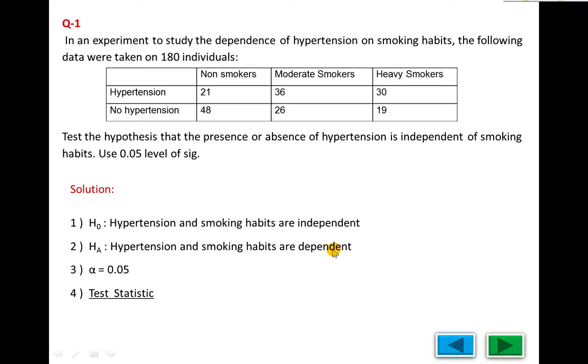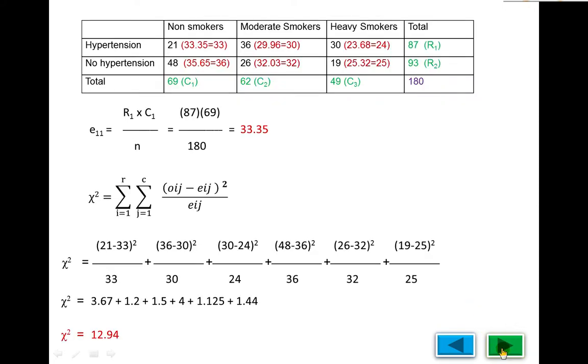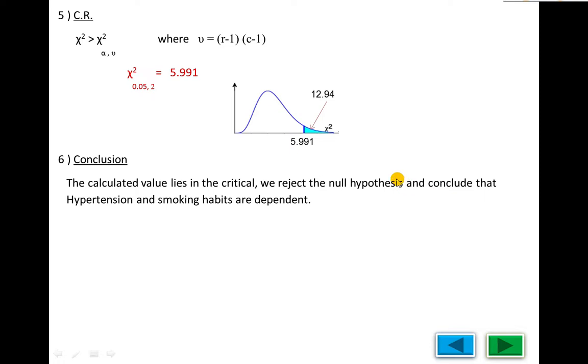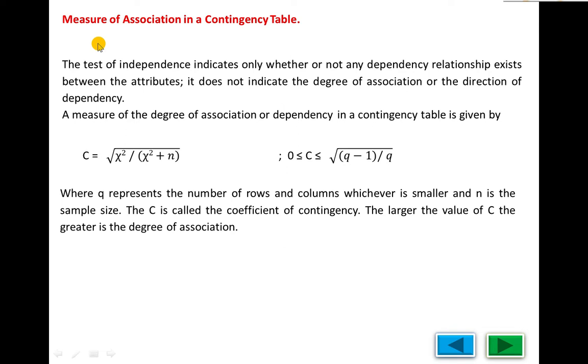So for the degree of association between the variables, after rejecting the null hypothesis, we calculate the association of the relationship. For this we use a measure of association in a contingency table, called the coefficient of contingency.